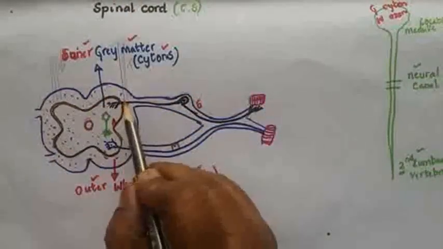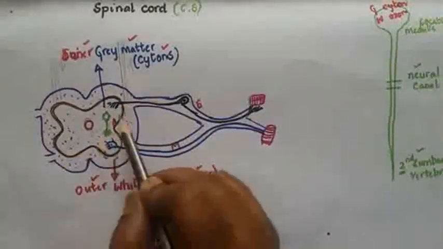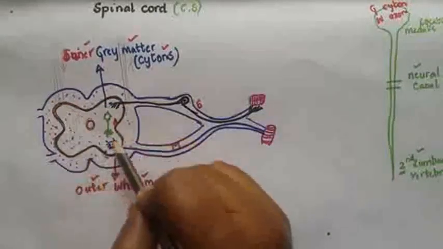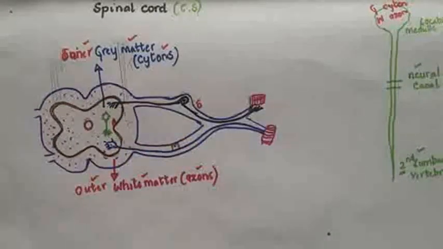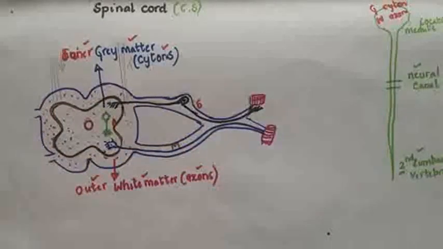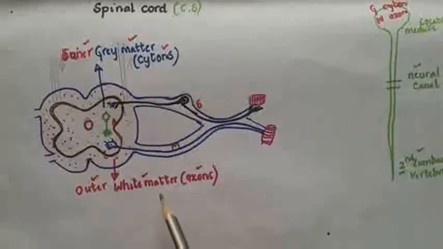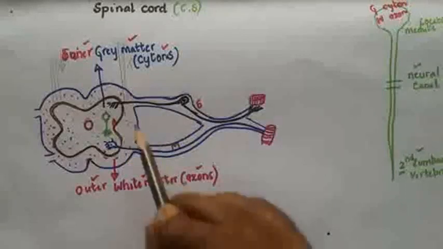Or sometimes you may find nerve fibers moving crosswise, which also give the white coloration to the outer region. So what did I say? I said that the outer region is white in color because of the presence of axons.